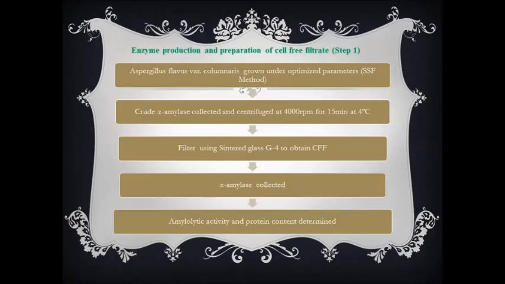The filtrate broth was collected and centrifuged at 4,000 revolutions per minute for 15 minutes and then filtered through a sterile sintered glass G4 in order to obtain a cell-free filtrate. After performing a test for sterility, 200 ml of the CFF containing alpha amylase were collected and the amylolytic activity and protein content were determined.